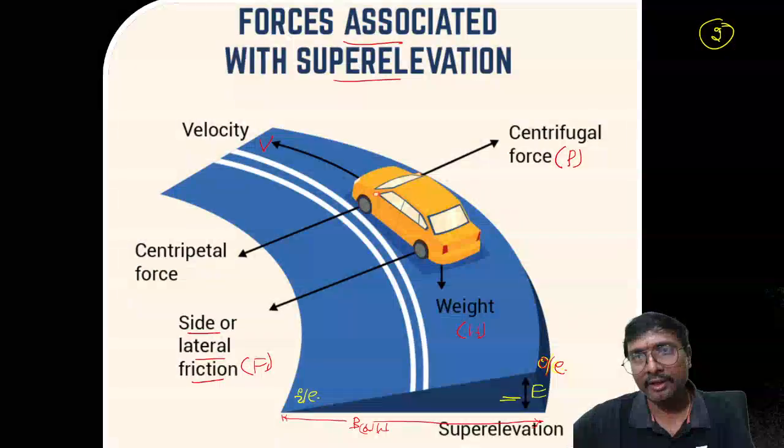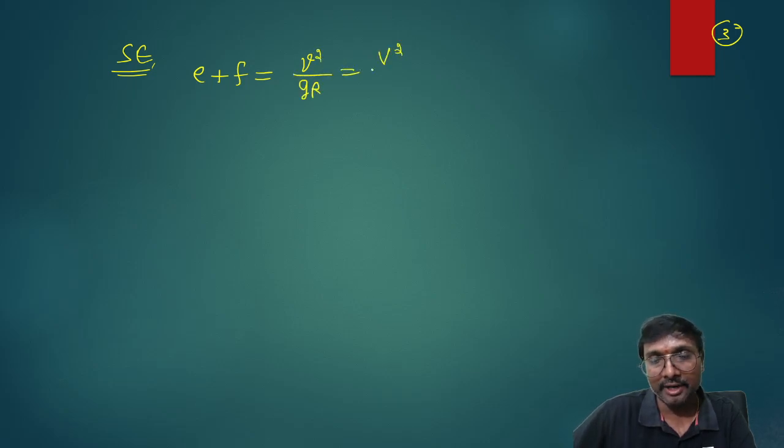Now, whenever you are considering super elevation, what is the general expression for it? That is e + f = v²/gR, or it is also equal to V²/127R.